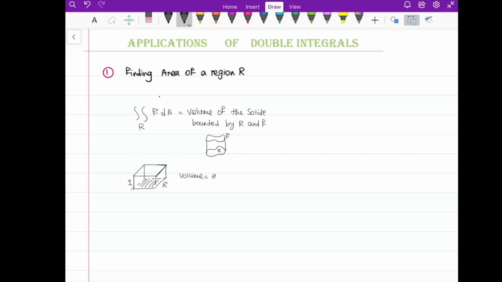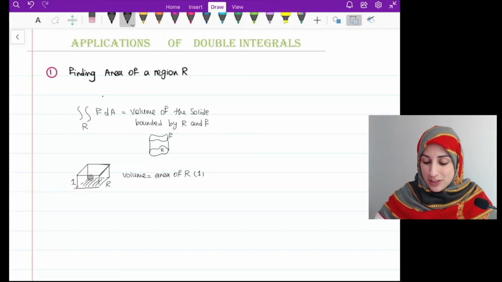It would be the area of the base, which would be R, times the height. The height would be 1, so basically the volume of this box in here would be the area of the region R.